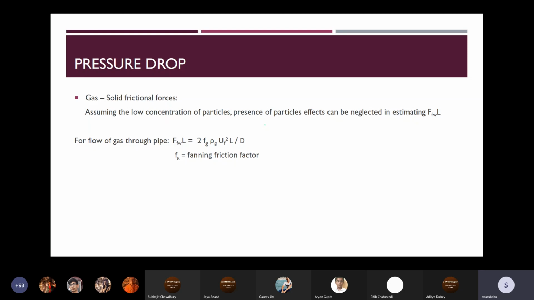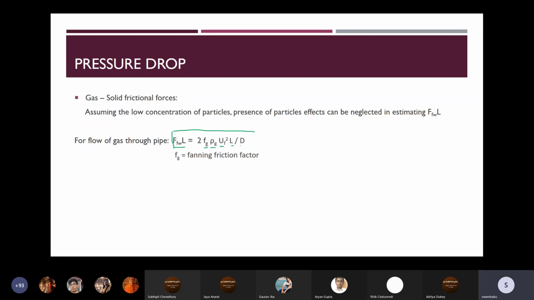In reality, that will be there, but we're assuming that to make our life simple. Hence, FFWL will be estimated using 2 FG, the Fanning friction factor, into rho g, velocity of the fluid squared, into L by D.